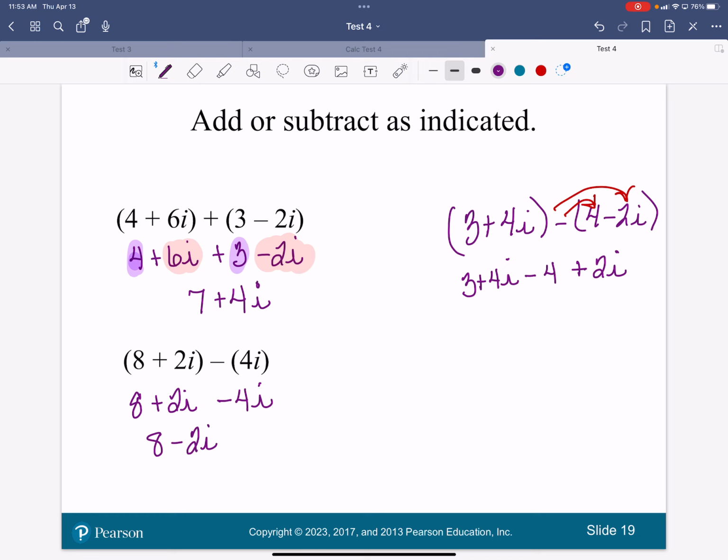Okay, because a negative negative is a what? Good. So then I'm going to have 3 minus 4. So is that negative 1? And then I've got 4i plus 2i. So what is that? Good.